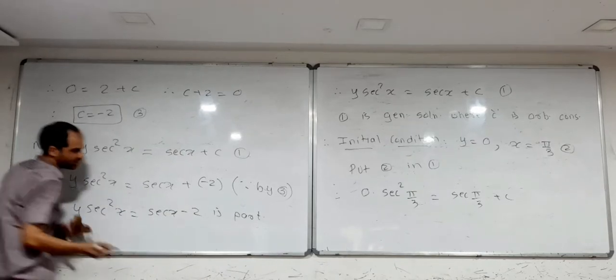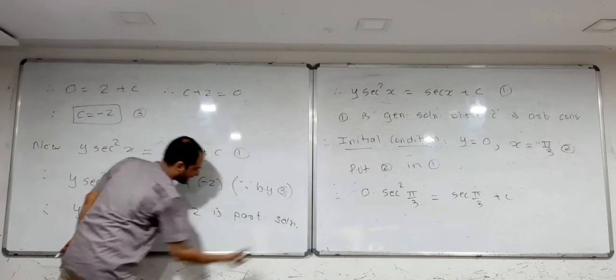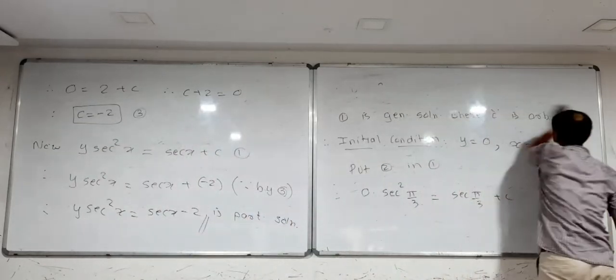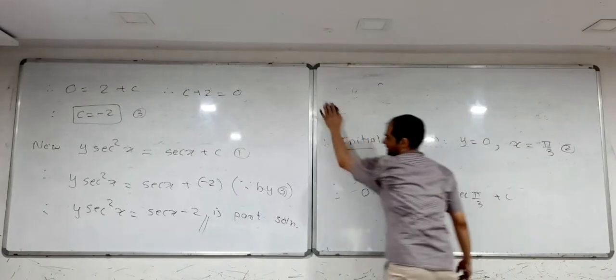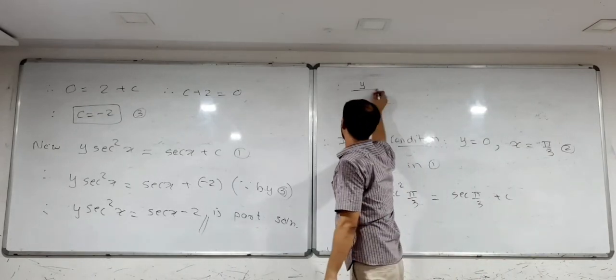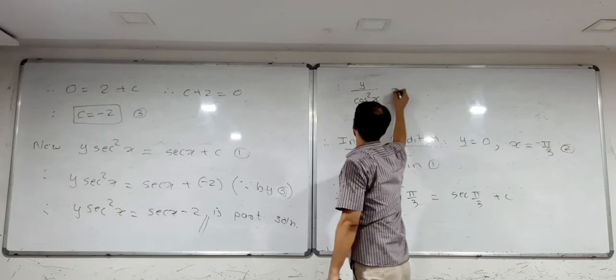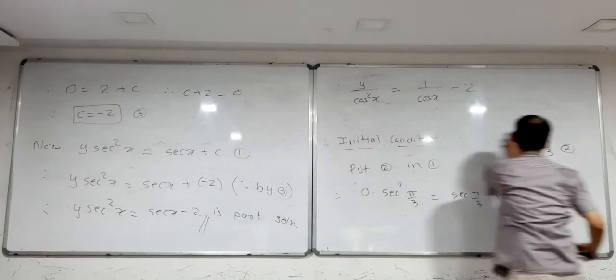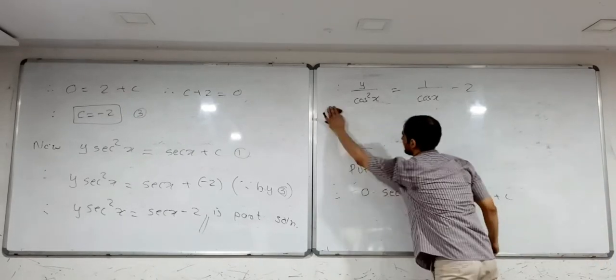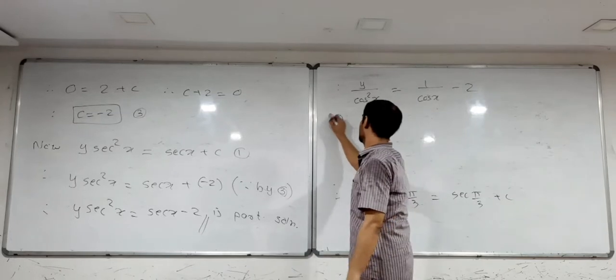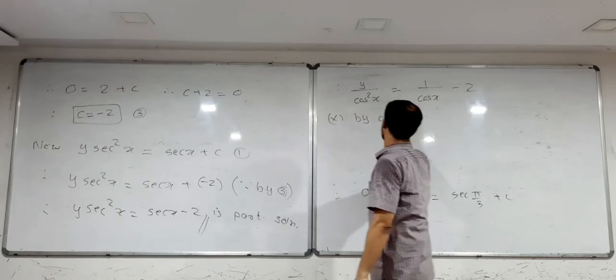No teacher will mark this wrong. But you have to match the answer given below, so convert it to cos and you will get the required answer. y upon cos square x is equal to 1 upon cos x minus 2. Multiply each term by cos square x, which is not equal to 0.